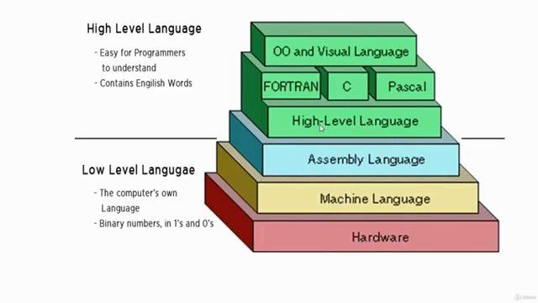Whereas the further away it is, like we've got these lot here, they are further away from the hardware, so they're easier for programmers to understand because they contain English related words, but not machine to understand. So for the machine to understand what this block here is saying, it needs to be converted into machine code using a compiler or an interpreter.